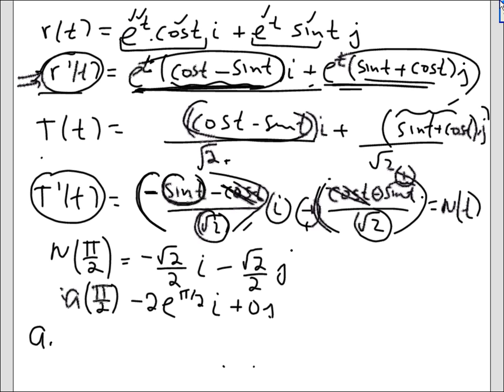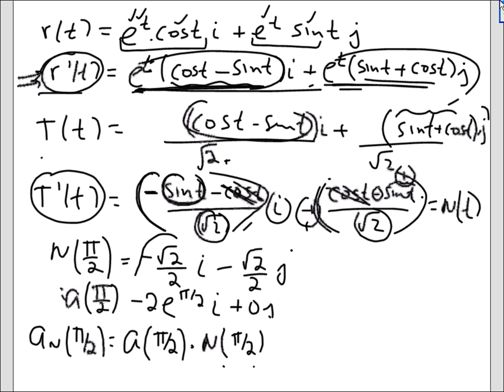Now, a sub N at any value, say pi over 2, this is just a at that value dotted with N at that value. So first you multiply these two. I'll do that on the side. Negative square root of 2 over 2 times negative 2e to the pi over 2. Well, a negative times a negative is positive.